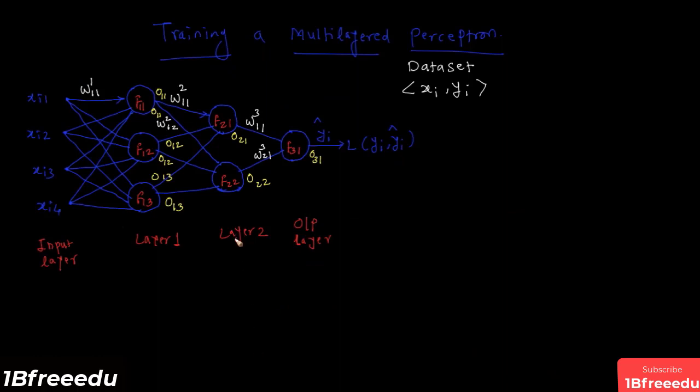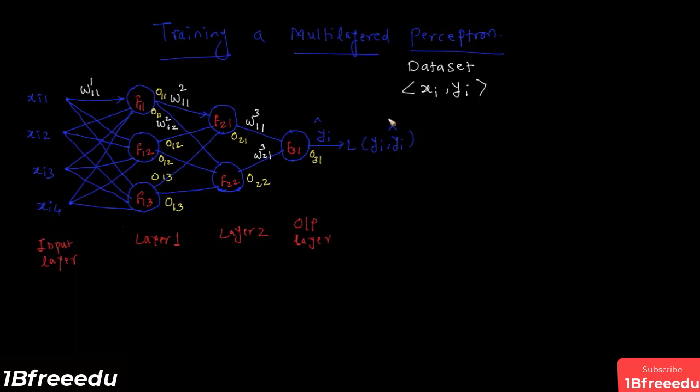Now, training a multi-layer perceptron or multi-layered neural network. We have many layers here, that's why this is called a multi-layer neural network. We have an input layer, a layer 1, layer 2, and this is the output layer. So this is how a multi-layer perceptron looks with 2 layers. We may have more than 2 layers. Let us now understand the notations which we already discussed.